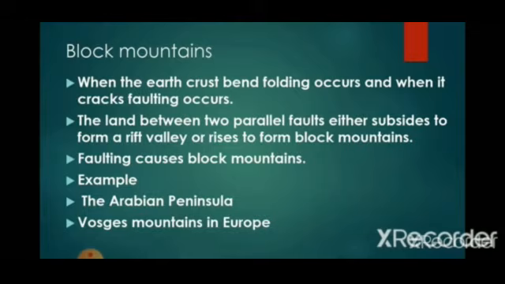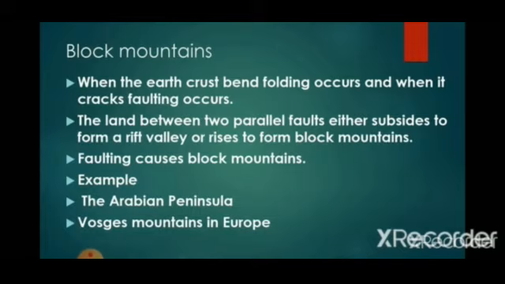When the earth's crust bends, folding occurs, and when it cracks, faulting occurs. In such cases, the land between two parallel faults either subsides to form a rift valley, or it rises to form a block mountain. So usually when land collides, it results in the formation of fold mountains, or the result is in the form of block mountains. Faulting causes block mountains.